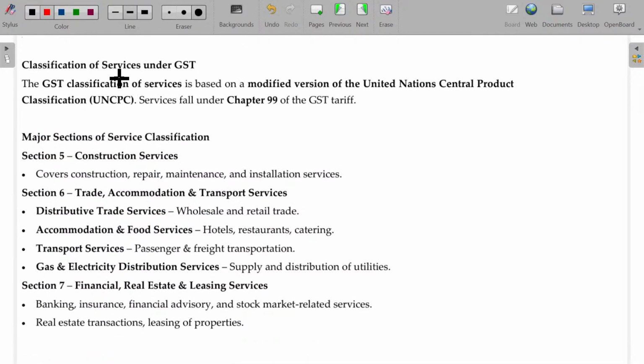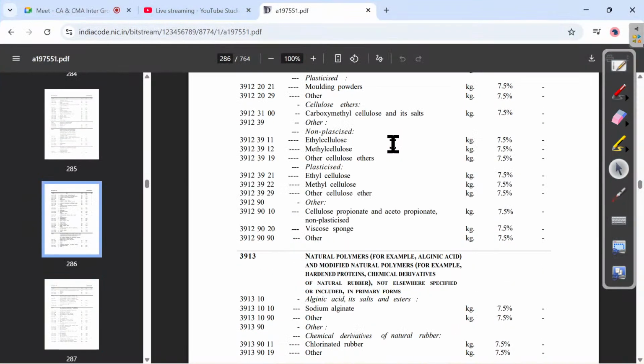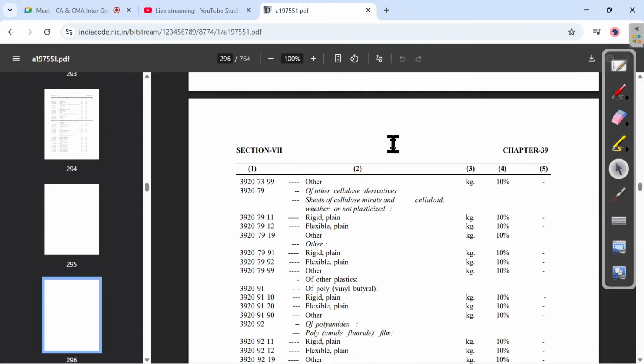And similarly, in case of classification of services, GST classification of services is based on a modified version of United Nations Central Product Classifications. Services fall under Chapter 99. Okay, see here. How many chapters we have?